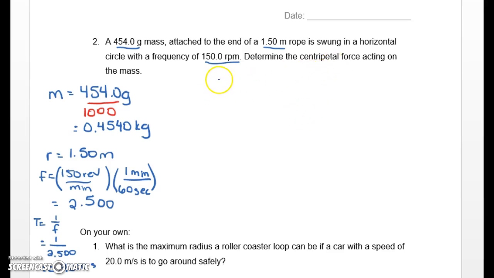So as I brought up in the last video, our centripetal force, this new equation without speed, is 4 pi squared times your mass times your radius, all divided by your period squared. So let's go ahead and plug in our information.